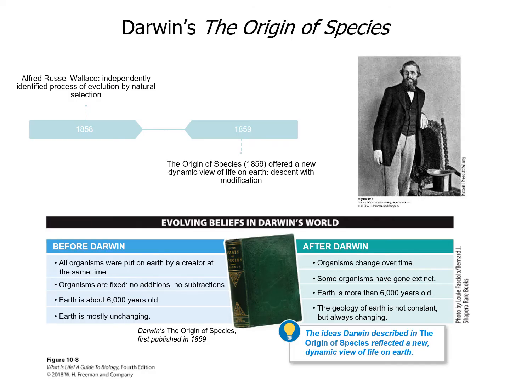So fast forward 14 years from the point that Darwin hid those papers in his desk and some sketches and all that good stuff. And we've got this young man, Alfred Russel Wallace, who independently identified the process of evolution by natural selection, which is a really big thing that he sort of just figured out.